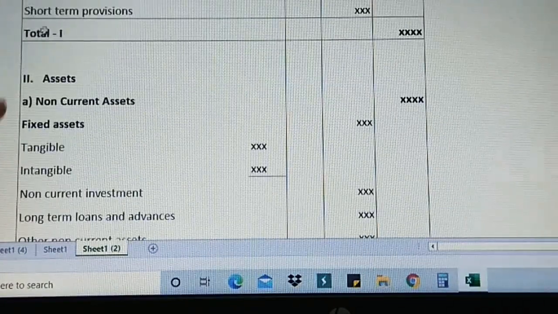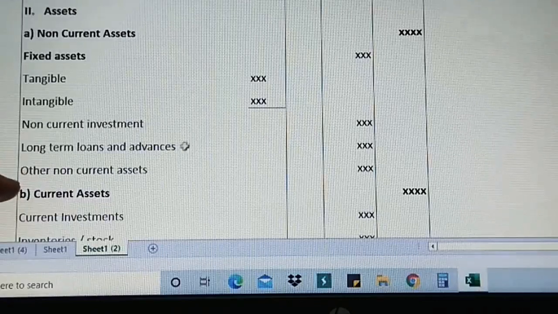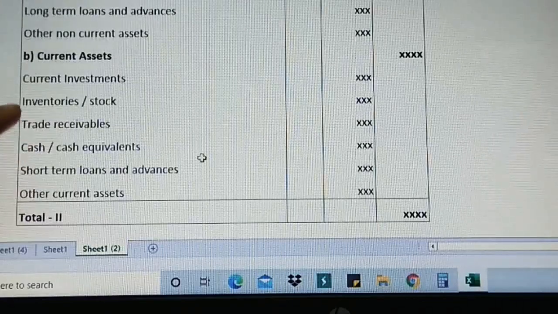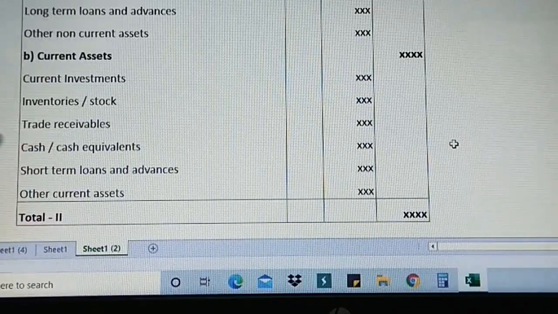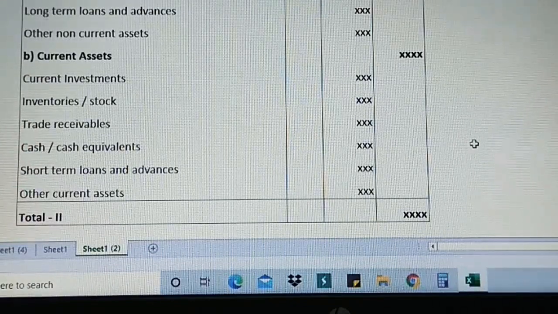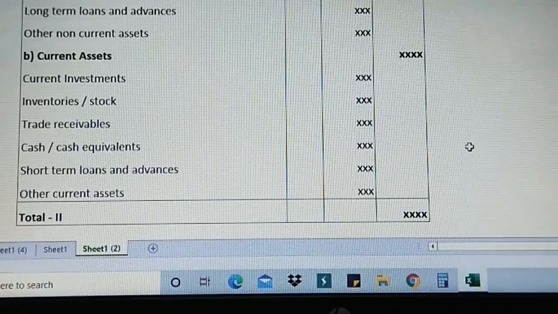Next, footer is 2, Roman number 2, assets: non-current assets, items, current assets, the items, and total. Divide what actually has to come under each, and keep revising it again and again, so it's easy. If you start doing this over a period for 2 chapters, these 2 formats are very important to be remembered.